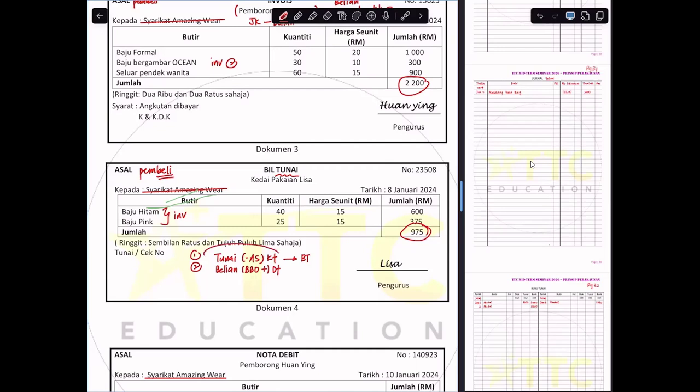So record your tunai in, okay, credit your buku tunai in tunai, but you cannot write tunai in tunai, right? What to write? First account tunai, second account belian. If I'm recording your credit tunai, what should we write inside there? I cannot write tunai, so I have to write belian.